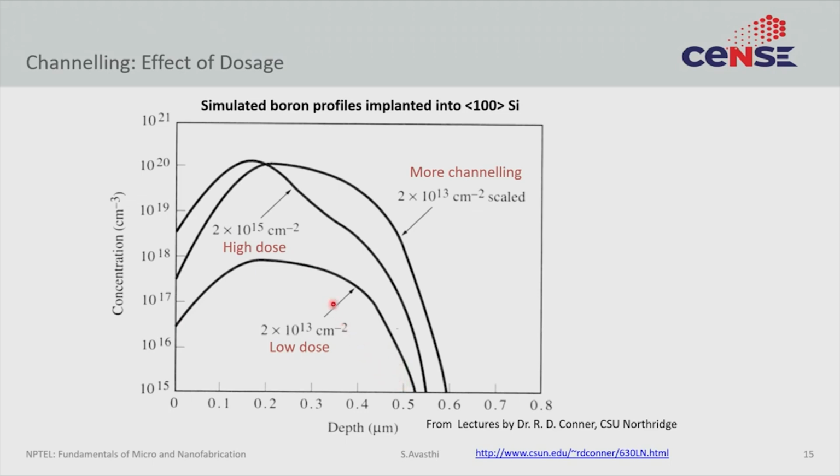Now, it is very hard to immediately compare this and this curve because they are at such different dosages, and remember dosage is directly proportional to peak concentration. So, the peak concentration of the high dose is much higher. The peak concentration here is around 10 to the power 20, and here it is around 10 to the power 18. To compare that, what I will do is scale this curve artificially up, right.